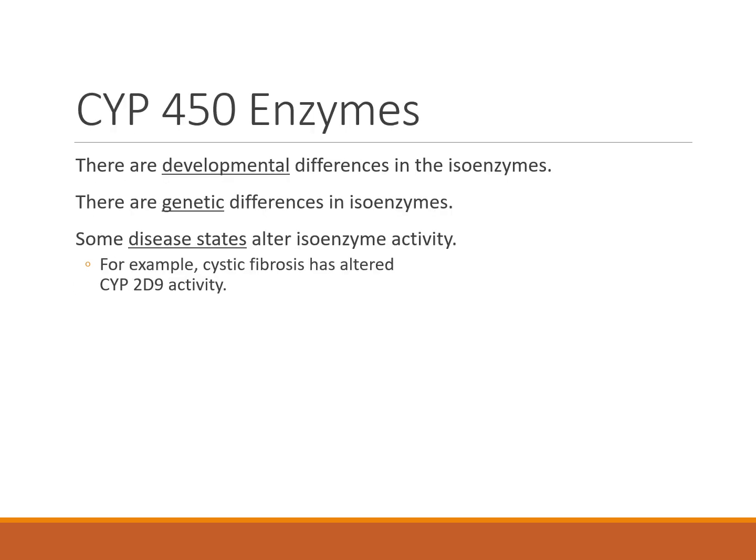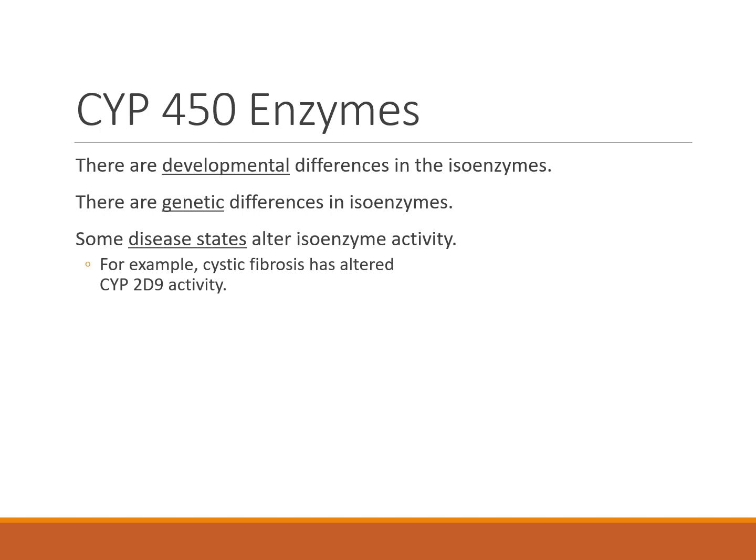There are developmental differences in the isoenzymes, and there are genetic differences in the isoenzymes. Some disease states alter isoenzyme activity. For example, cystic fibrosis has altered CYP2D9 activity. Now, when it talks about genetic differences in the isoenzymes, that can be what's called a SNP.